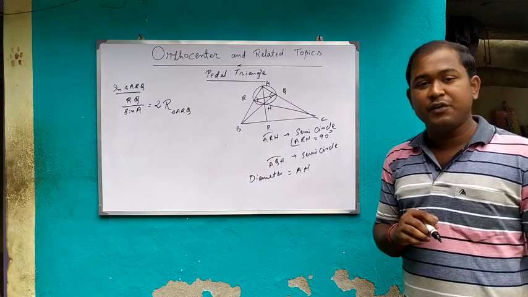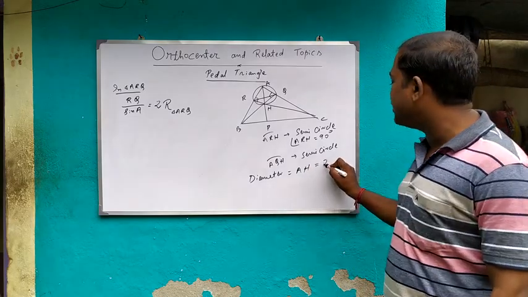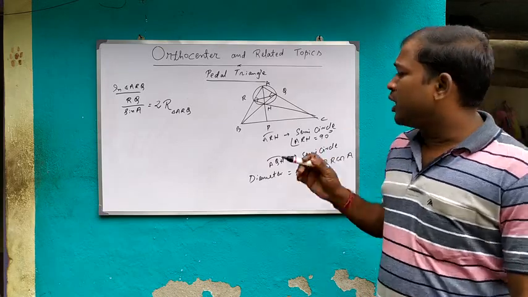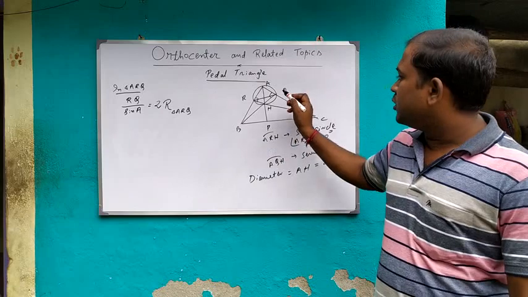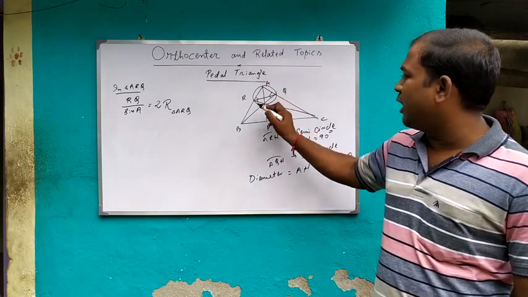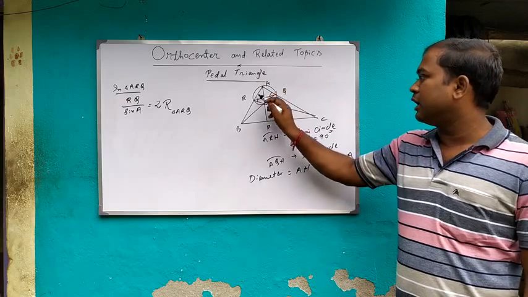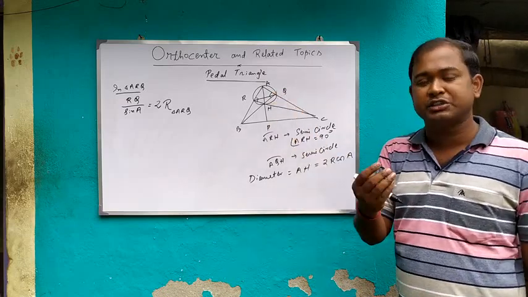And from our previous module, we already know this AH is equal to 2R cos A. Now, my question is, are this circle ARHQ and the circle ARQ different or the same?